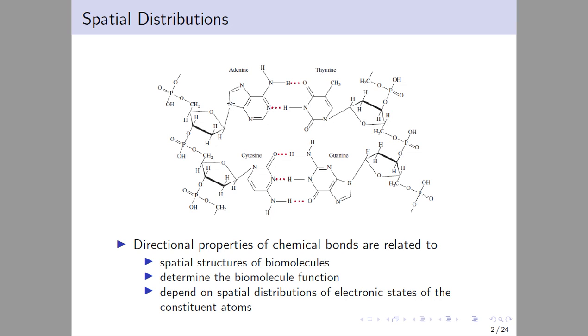So as you can see here, we have this length. What is the length between N and this C, and let's say N and H? We have a certain length, and it also has a certain angle.